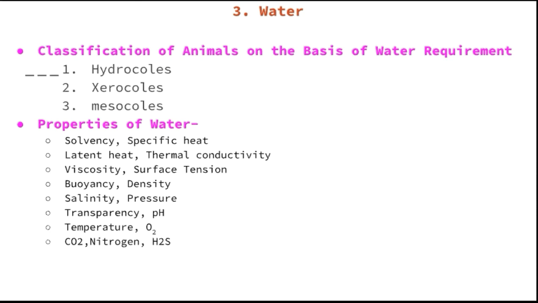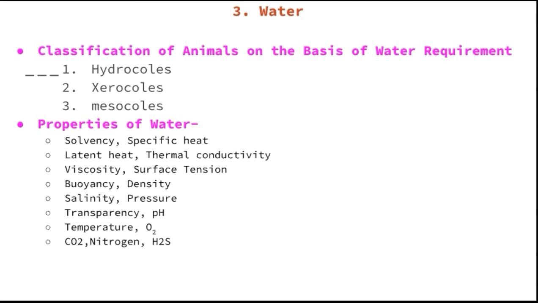The specific heat of water is 1. This is very high when compared to other liquids. As a result, water is capable of storing tremendous quantities of heat energy with a relatively small rise in temperature.